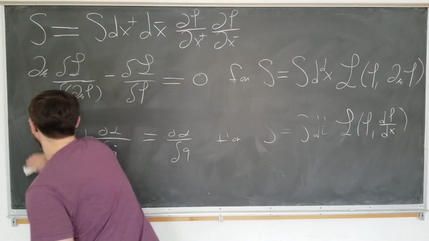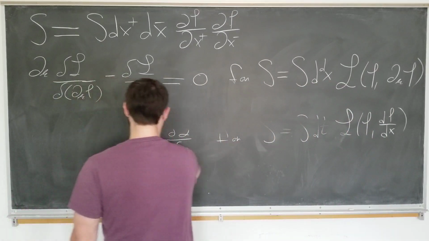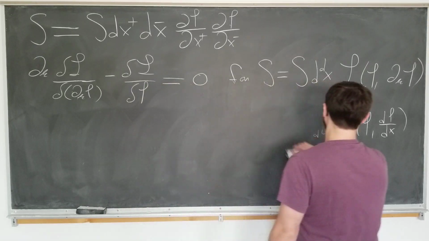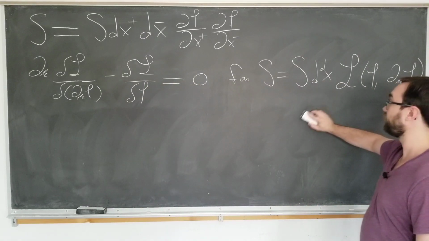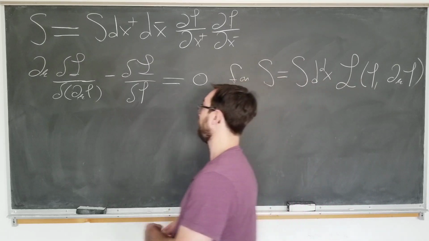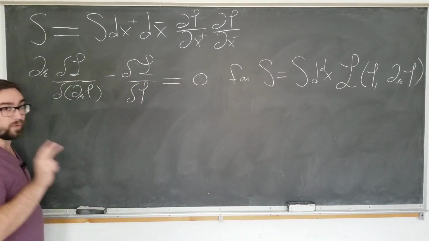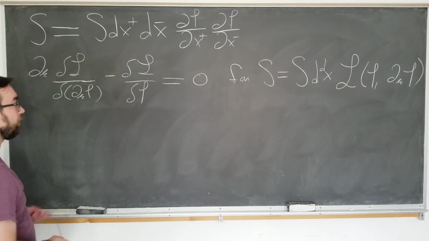Okay, so now we're going to use these Euler-Lagrange equations, which let us handle more than one variable being integrated over here. And the equation for only two is going to be the following.